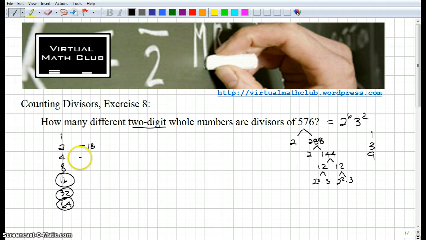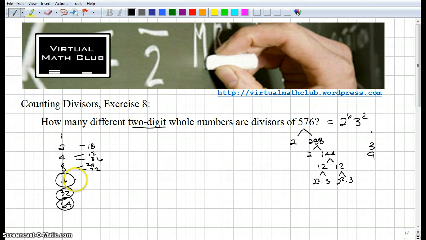So let's look at 4. Well, we can do 4 times 3 is 12, and 4 times 9 is 36. Those are going to give you two-digit values. 8 times 3 is 24. 8 times 9 is 72. So those are good.